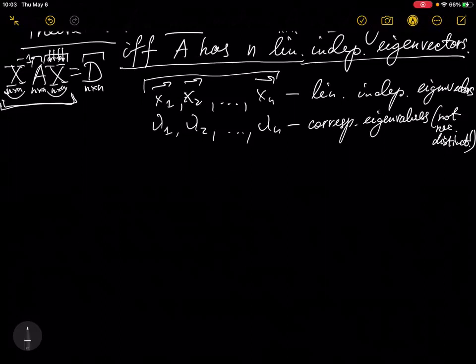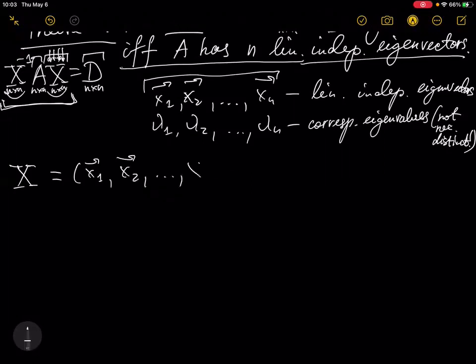Okay, then consider the matrix X, which consists of x1, x2, up to xn, the corresponding column vectors, as columns of this matrix.